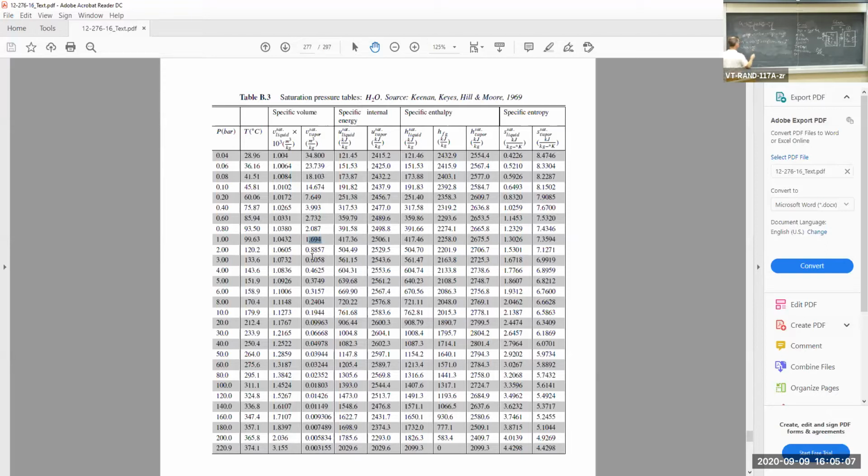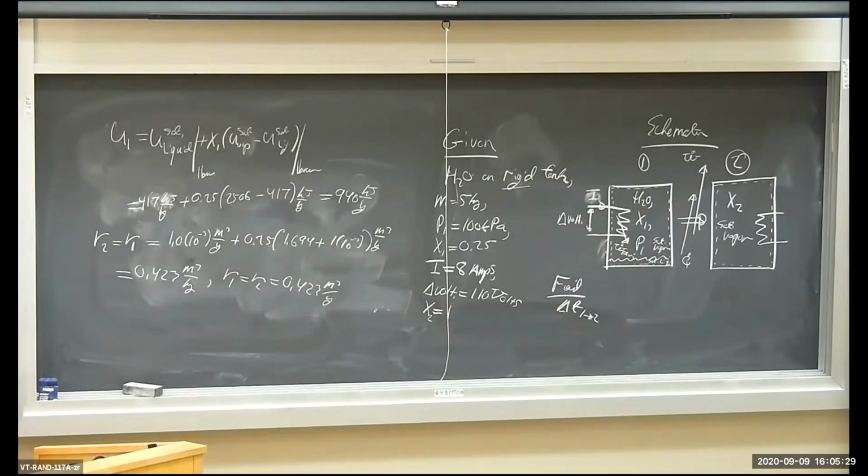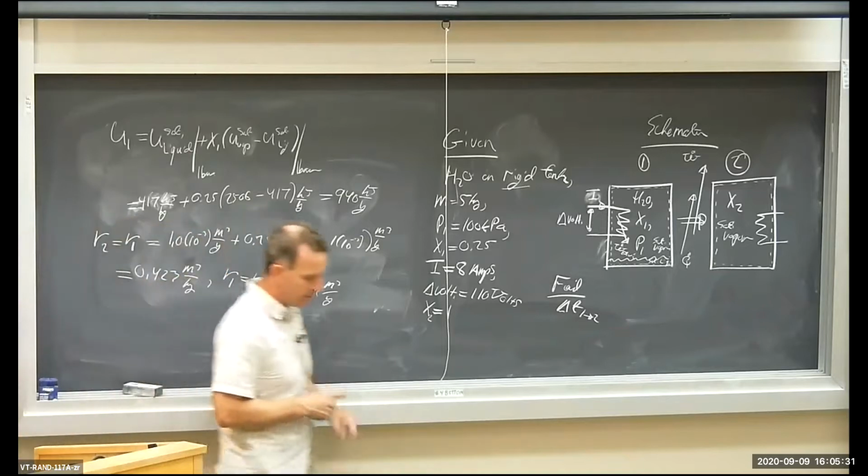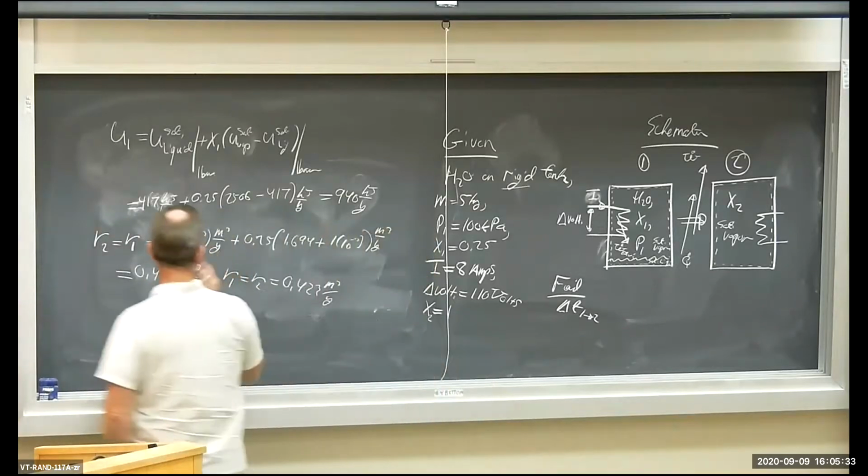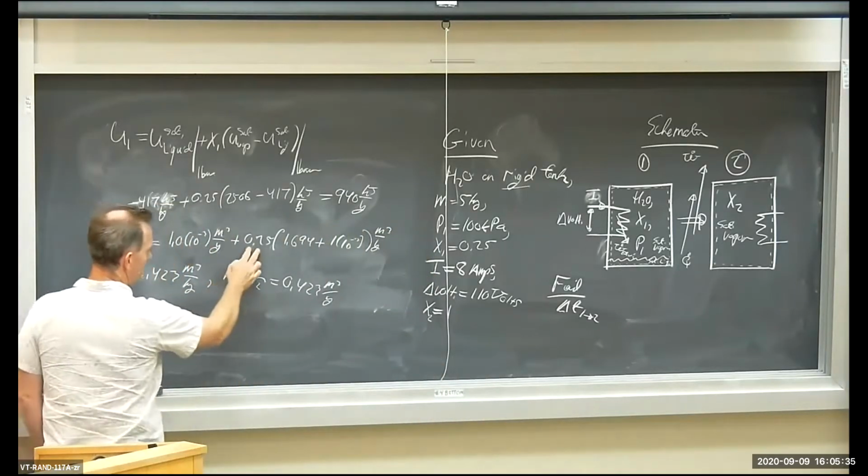Okay? So specific volume at state 1 is equal to specific volume at state 2, 0.423 cubic meters per kilogram. Sorry, I plugged in for all the specific volumes in my quality equation. There's the quality, 0.25.